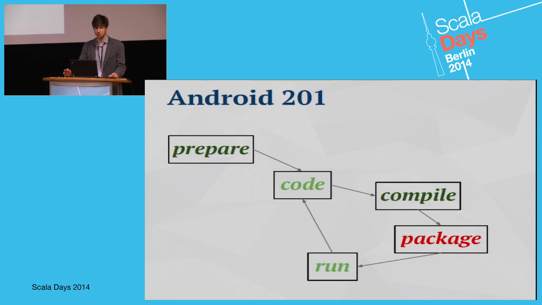You have to prepare the project, which means setting up the build system, the IDE and stuff like that. Then you write code, then it's compiled, it's packaged into Dalvik format, which Android uses, and then you run your code. These colors illustrate the degree of pain associated with the respective steps.